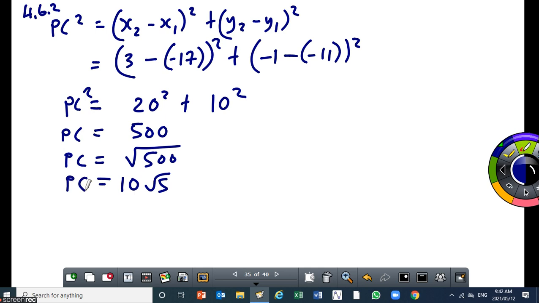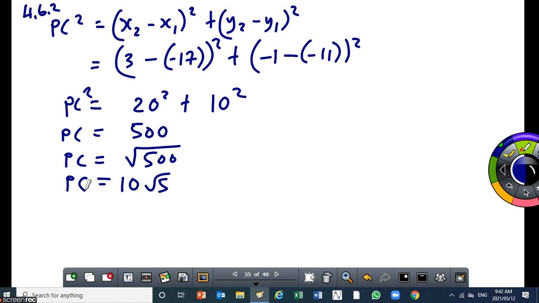Now this is interesting because we calculated the distance earlier of RC, and we got this as well. Which means that for me to calculate the length of PT, I'm going to have more than one way of doing it, but I'm going to use the theorem of Pythagoras. I don't want to stress myself.